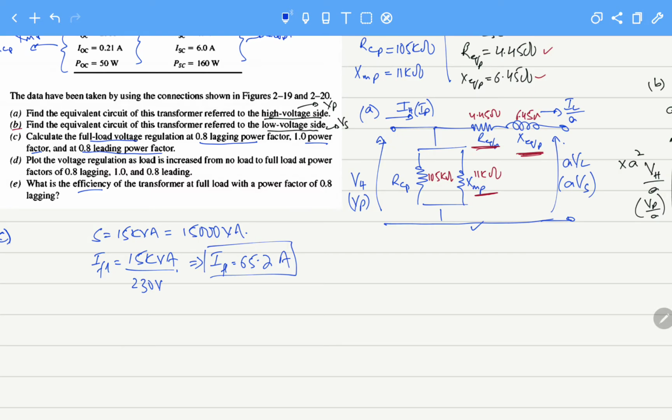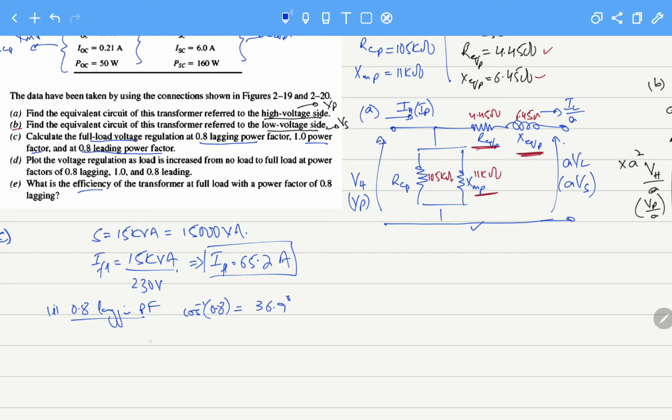So we have three cases. Case 1 is 0.8 lagging power factor, and for this cos inverse of 0.8 will give us the angle, and that is 36.9 degrees.